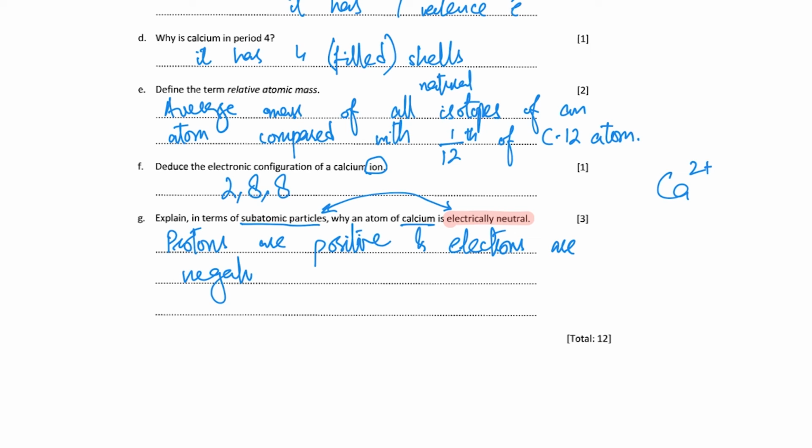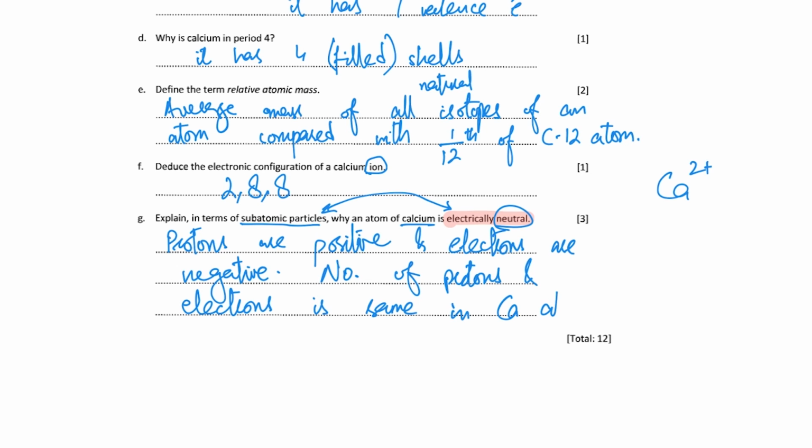So what I've done is that I have talked about subatomic particles and I have related them to the electrical charges, but still the neutral part is left. So we'll say that the number of protons and electrons is the same in calcium atom. And there you go. We have connected it. So that's how we get 3 marks.